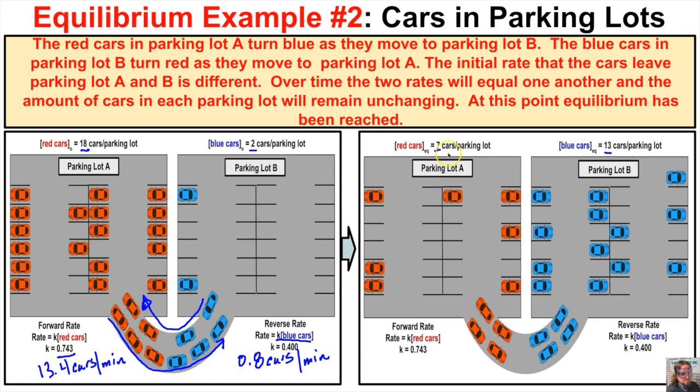And so if we take 7 times our K value to figure out the rate of our forward reaction here, we will end up with 5.2 cars per minute at equilibrium leaving parking lot A. And if we take 13 here times our K value, which is 0.4, we're also going to end up with 5.2 cars per minute.